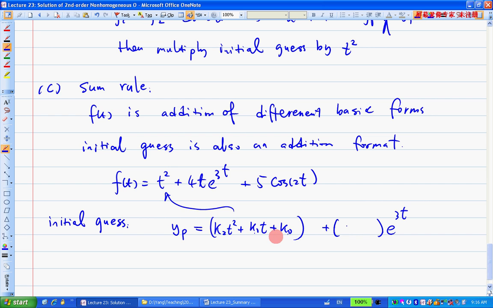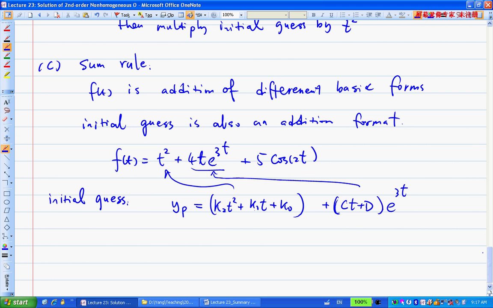Here's already k1, k naught, so you cannot use k1, k naught anymore. So let's use ct plus d maybe. This ct plus d is the corresponding guess for the t, and e to the power 3t is the guess for that. You don't need to multiply another constant, because you already have c and d here. So that's the second guess for this one.